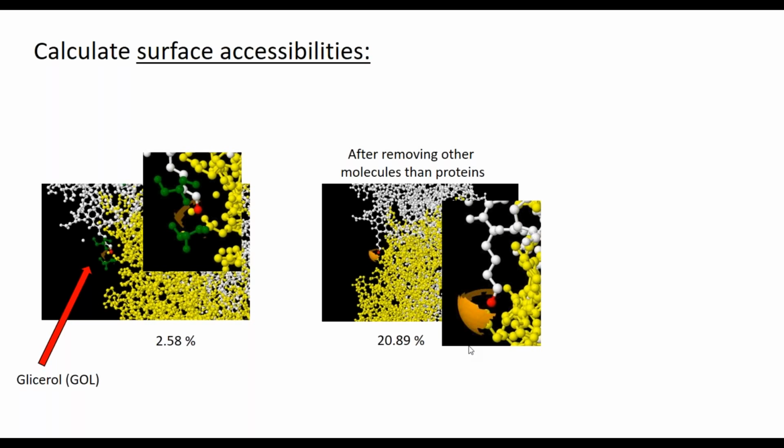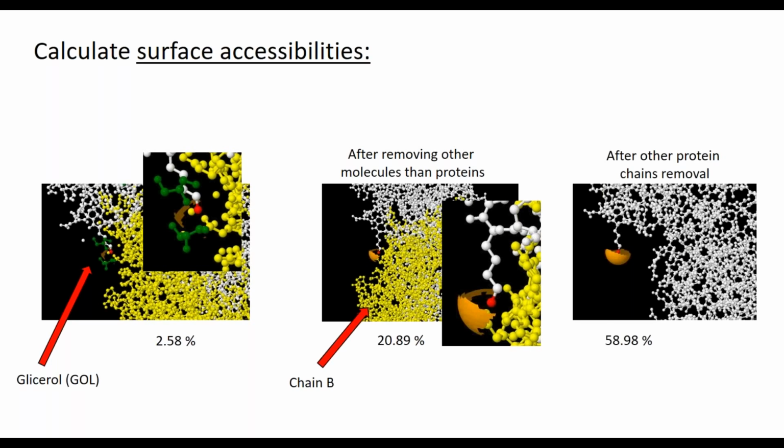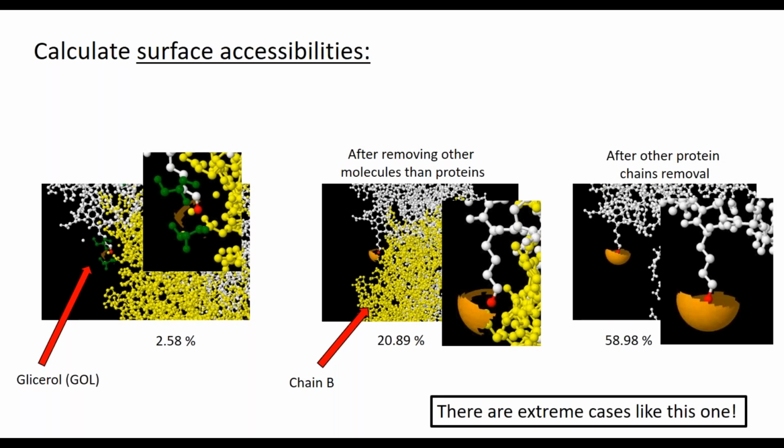And then if we say, okay, let's take just one monomer of this protein, just one chain of this structure, which is our value now? So taking just the white one is going to be 58.98. So there are these cases in which what is available to the surface or not in the structures is very different.